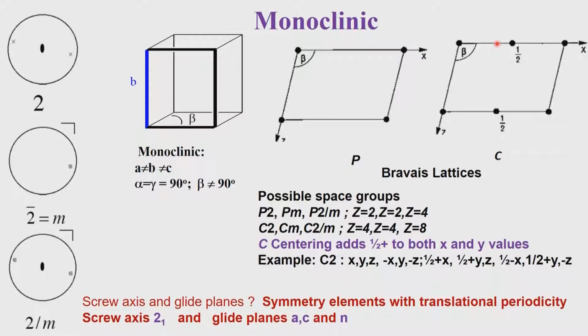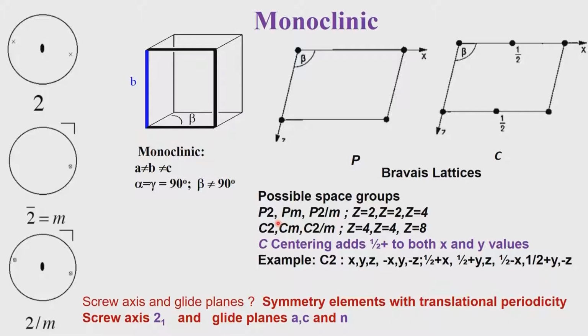So, these are the 2 possible types of lattices we can have in a monoclinic system, a primitive lattice and a C-centered lattice. And this gives rise to several possible space groups, which are also listed here for your convenience. So, these slides will be of immediate reference value.